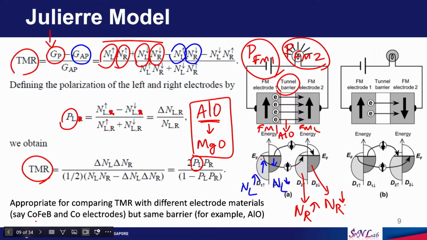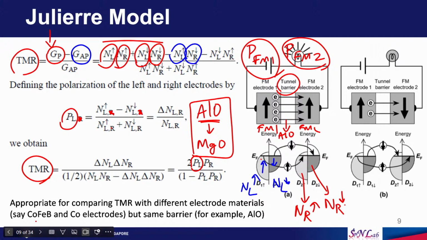Okay, so polarization is basically the density of states of the majority electrons minus the density of states of the minority electrons, divided by the total density of states. So, TMR will be only decided by the ferromagnetic layer. Okay. So, this model will not work all the time.